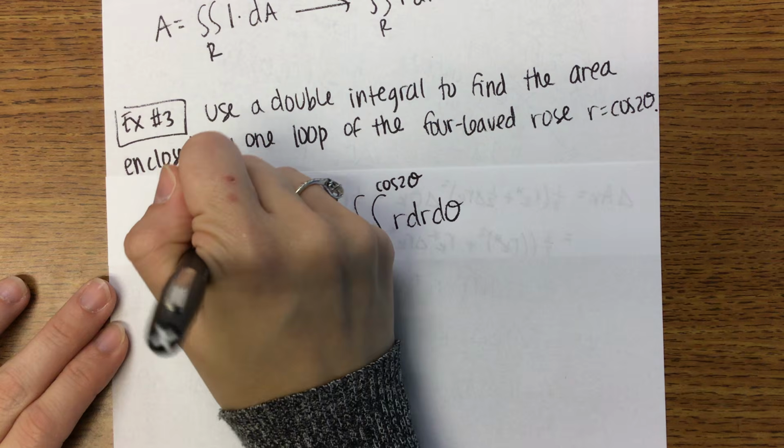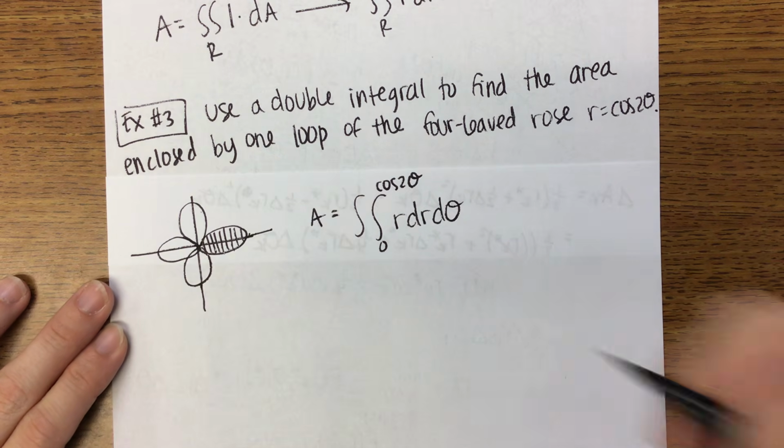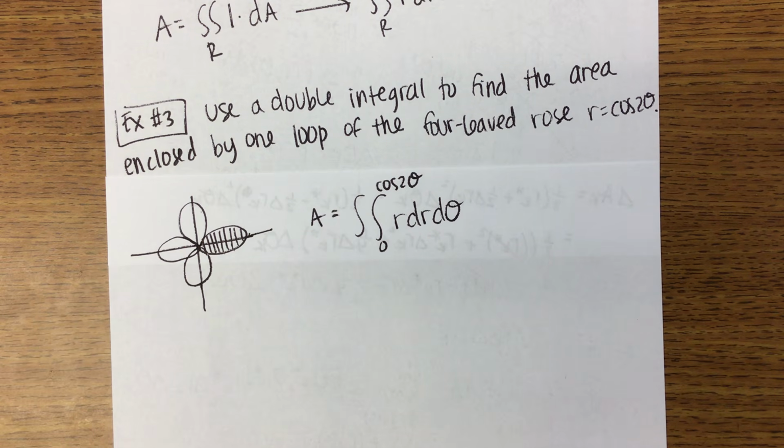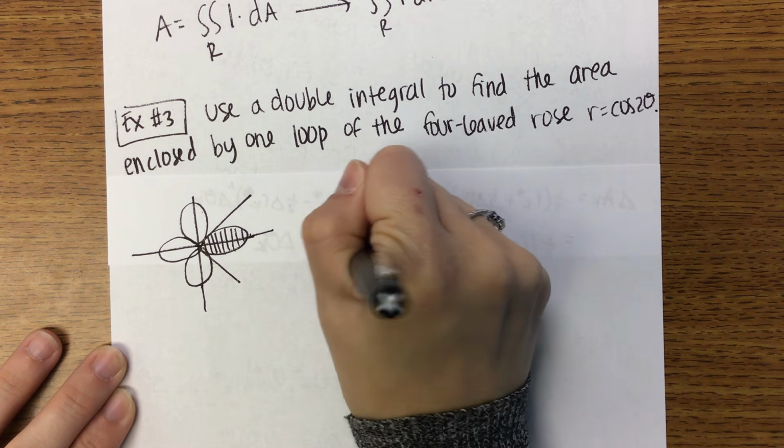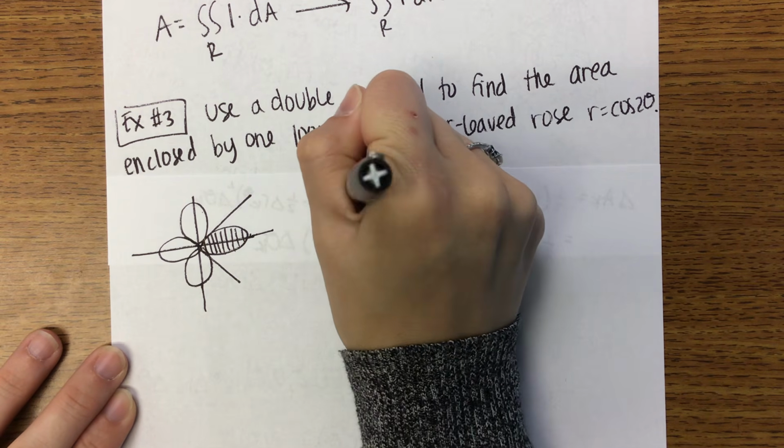If I'm choosing this leaf, what is the lower bound for theta? Yeah, negative pi over 4. We're going from here to here. So negative pi over 4 to positive pi over 4.